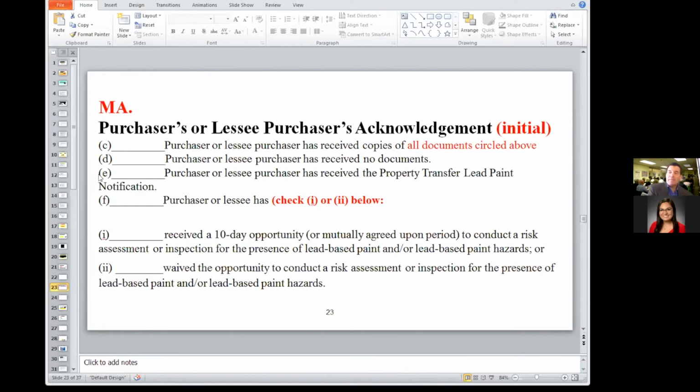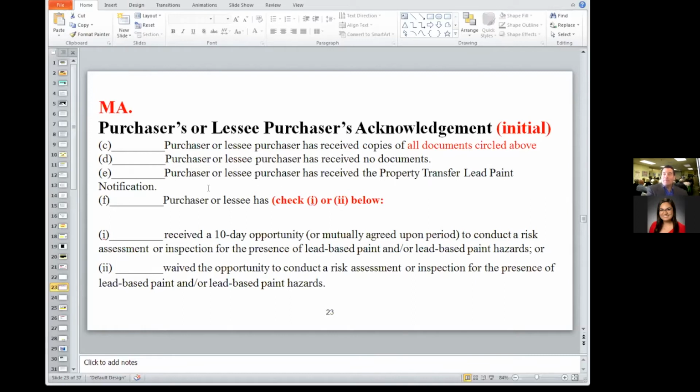And then E, don't forget E. E's huge. Make sure that they initial that they received the property transfer notification, which is the first 10 pages. Give them the 10 pages. And make sure that they got the 10 pages.